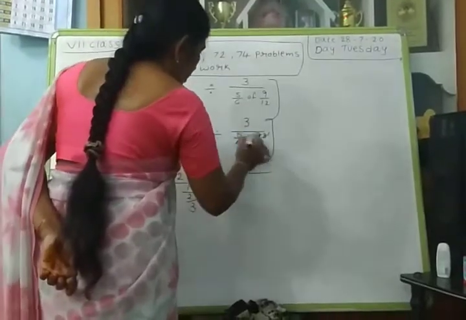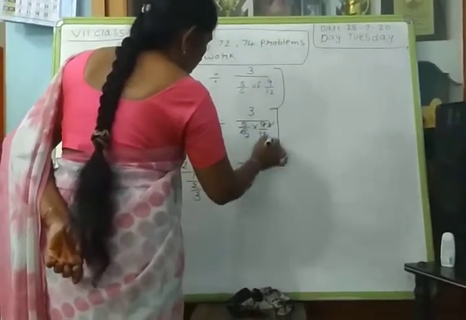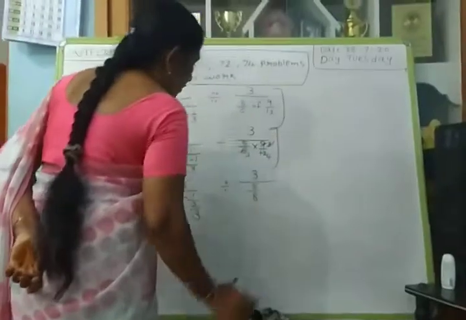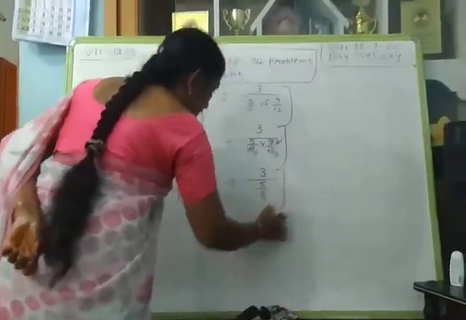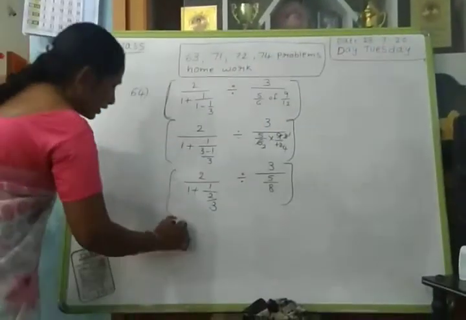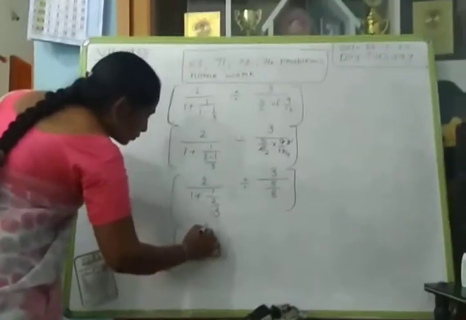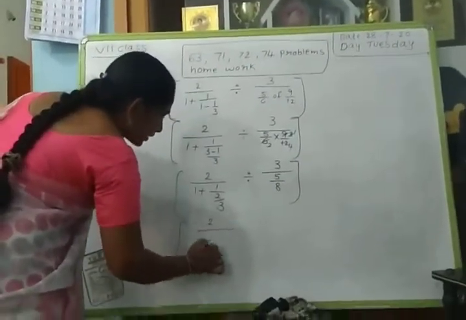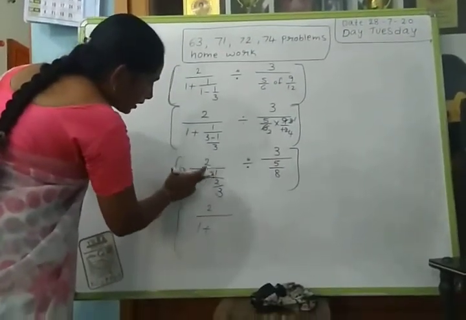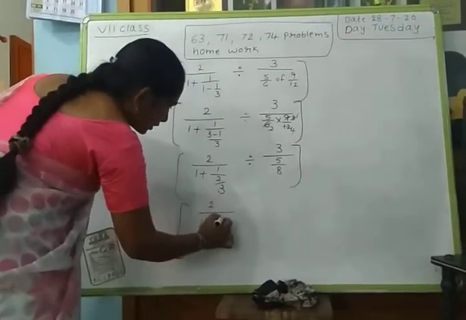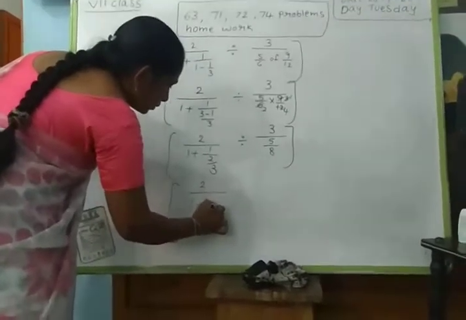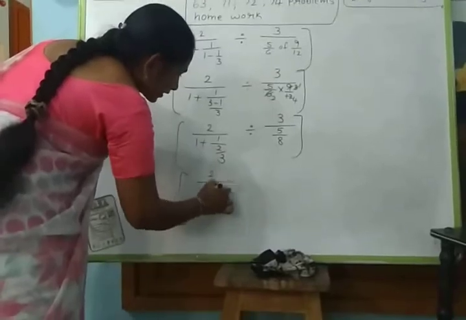So finally what is left here? 5 by 4, 2s are 8. So then what we have to do here? 2 by 1 plus, when you are seeing 1 by 2 by 3, it means reciprocal, you take immediately 1 into 3 by 2, so we are writing 3 by 2 directly.